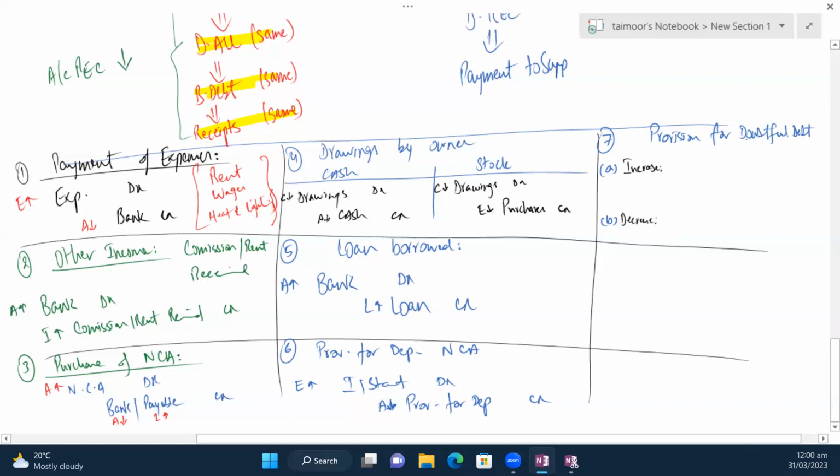When the provision for doubtful debt is increasing, the entry is income statement debit, provision for doubtful debt, PFDD credit. But when it is decreasing, it's the opposite. PFDD, provision for doubtful debt, debit, income statement credit.